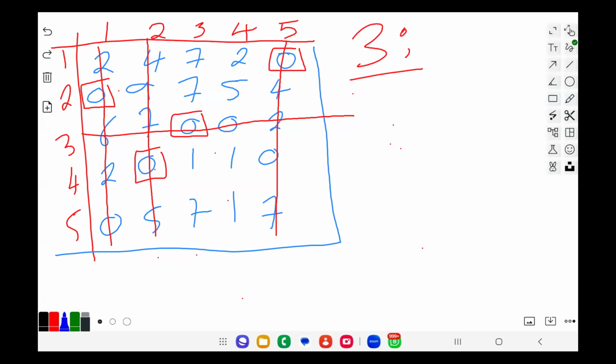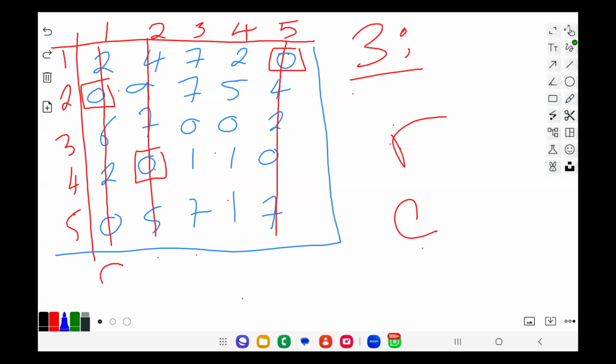I'm not clear where you cancelled this one for row 3. Is this okay? Like the one we cancelled for columns 1, 2, and 5. We are using the row scanning, and then this one for 3 is the column scanning. Yes, I said first you do row, then you do column. And when you're doing column, you just deal with the columns that are still there.